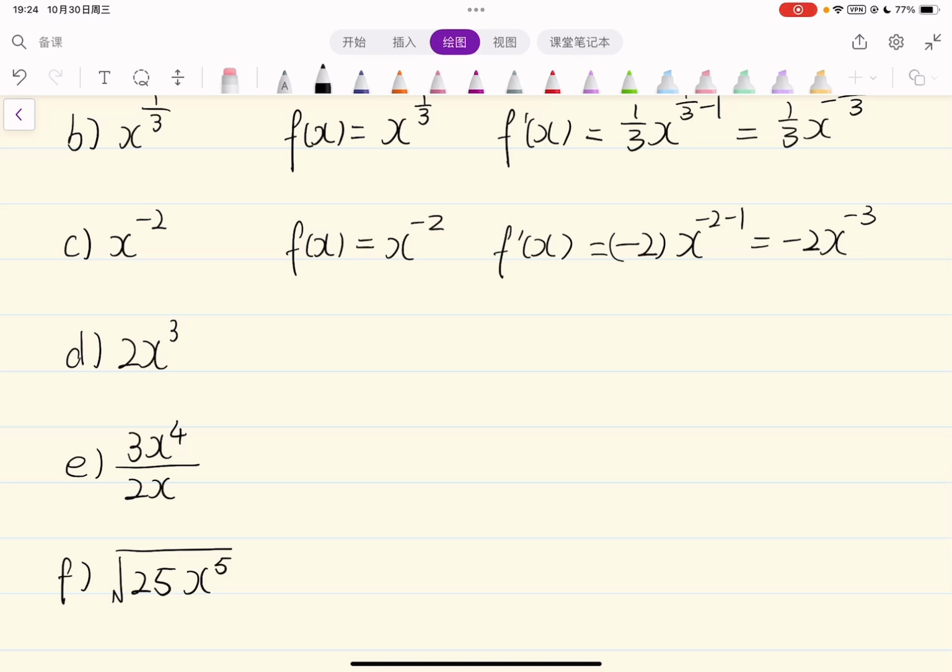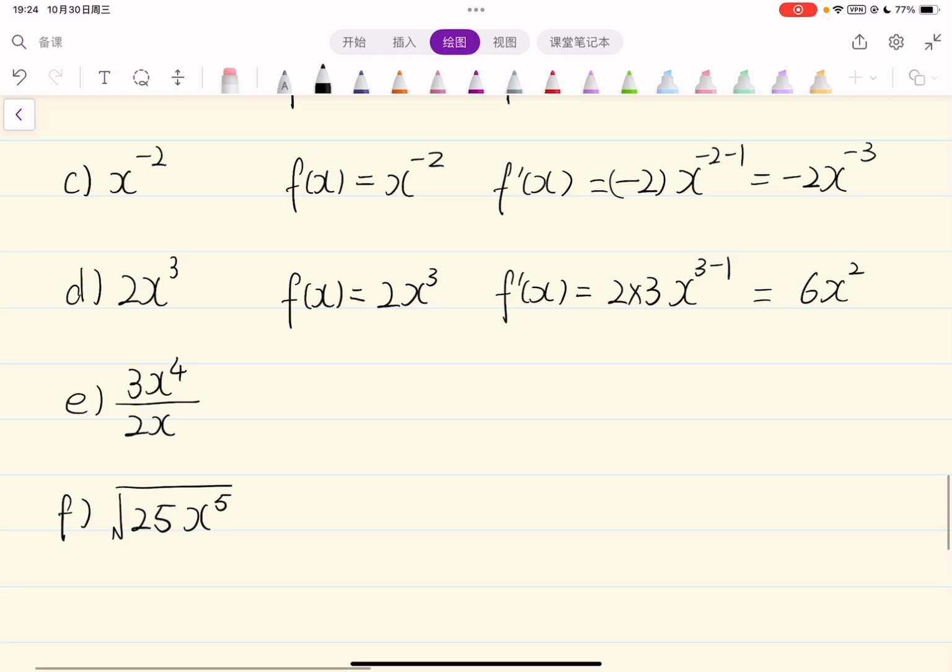For part D, we have function f(x) equals 2 times x cubed. So the derivative of that equals 2 times 3 times x to the power of 3 minus 1, which equals 6 times x squared. For part E, we have f(x) equals 3x to the power of 4 over 2x.